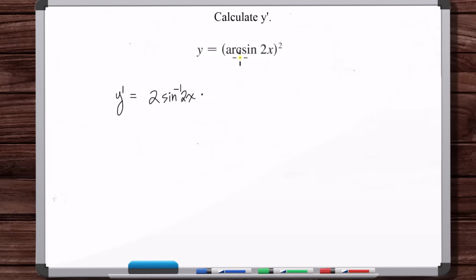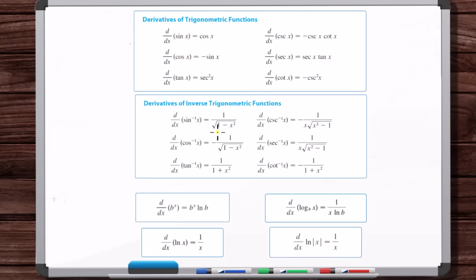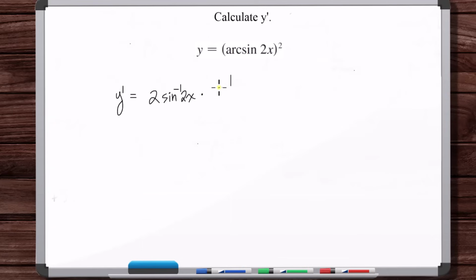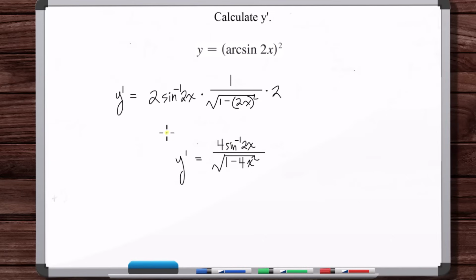What is the derivative of, we have to use the chain rule again, arc sine of something? 1 over the square root of 1 minus that something squared, times the derivative of that something. What is the derivative of 2x? Okay. So we've got, okay, that's the derivative.